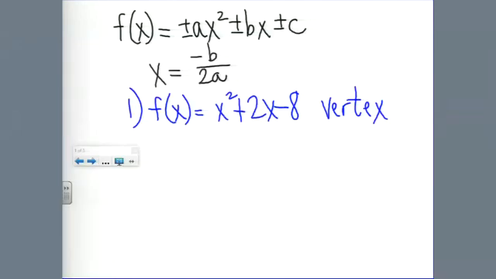To find the vertex with a quadratic equation in standard form, use the formula x is equal to negative b all over 2a. For this function, b is positive 2, and a is understood to be 1. So we have negative 2 all over 2 times 1.